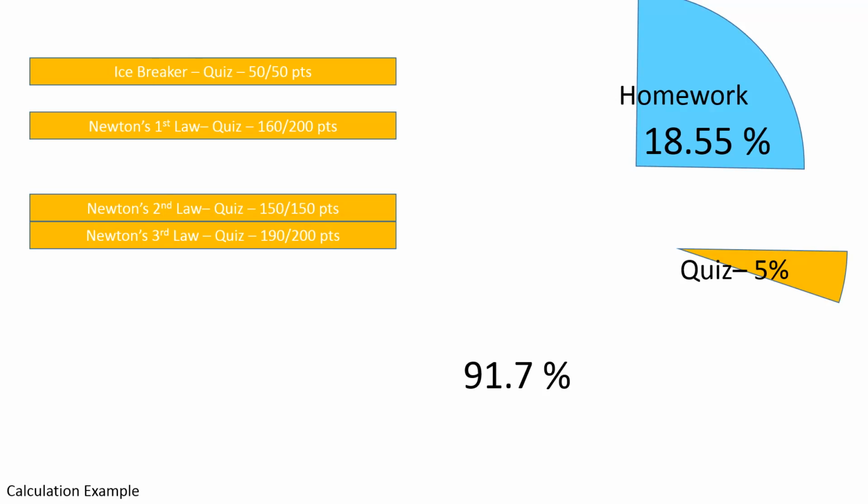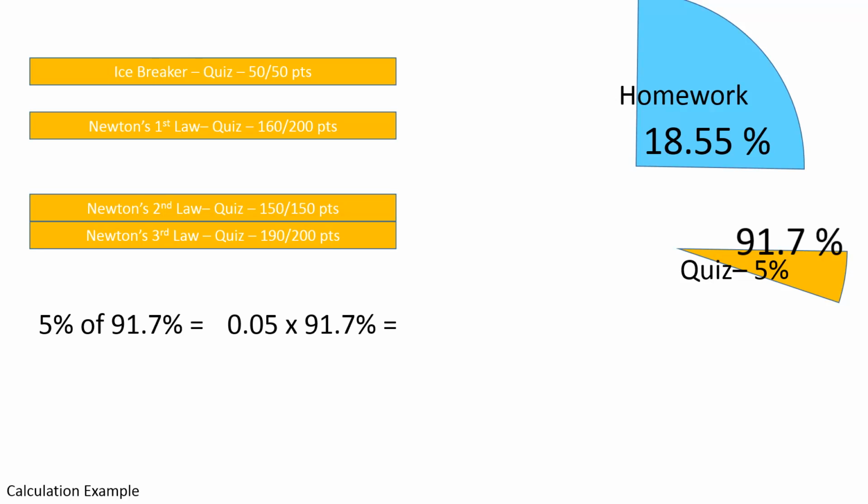Quizzes in total are only going to constitute 5% of this student's overall grade. So what we're really interested in is how much is 5% of that 91.7. We'll multiply 0.05 times the 91.7, and that gives us an earned percentage of 4.6. So all the work that this student did on their quizzes gets them up 4.6% in the course.